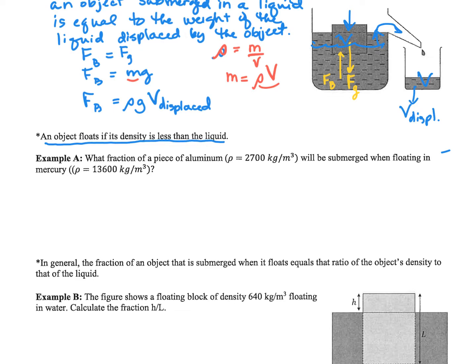All right. What fraction of a piece of aluminum, whose density is 2,700 kilograms per meter cubed, will be submerged when floating in mercury? This also tells you why some parts of an iceberg are below the water and some parts are above, right? Because icebergs are fresh water, but the ocean is salt water.